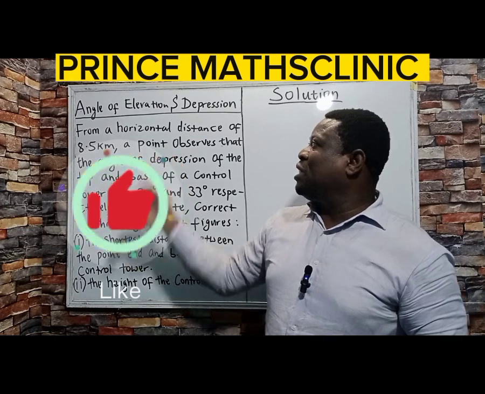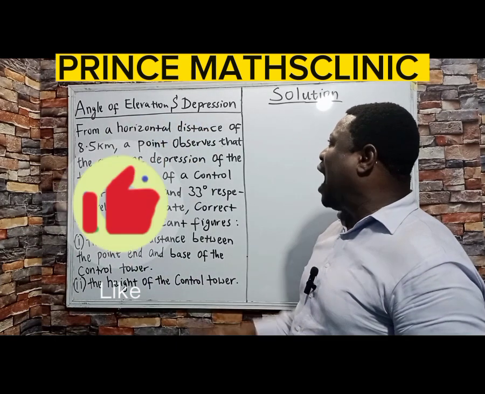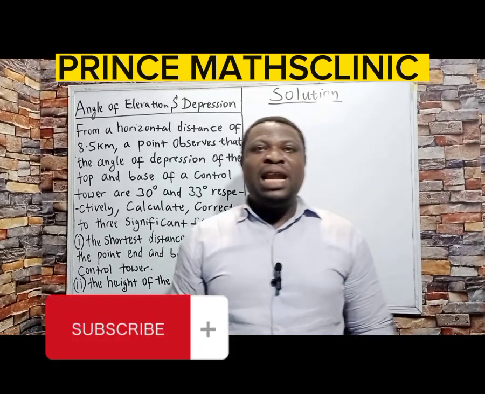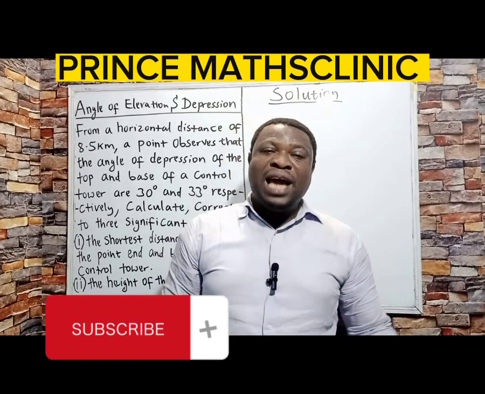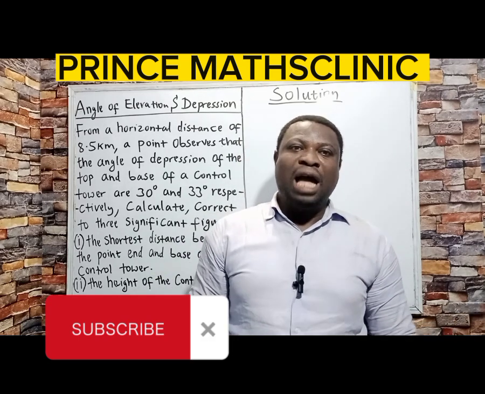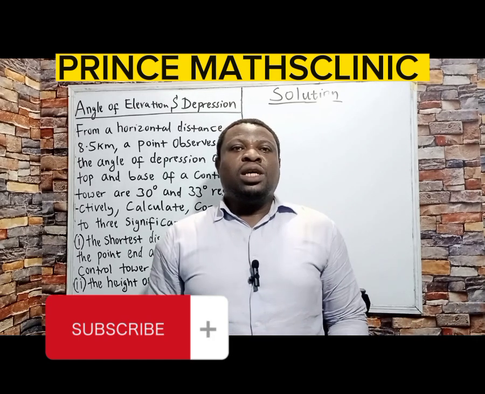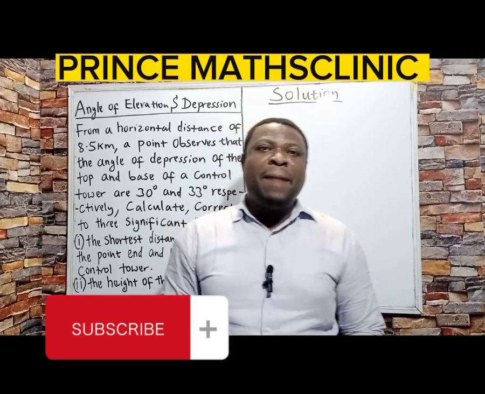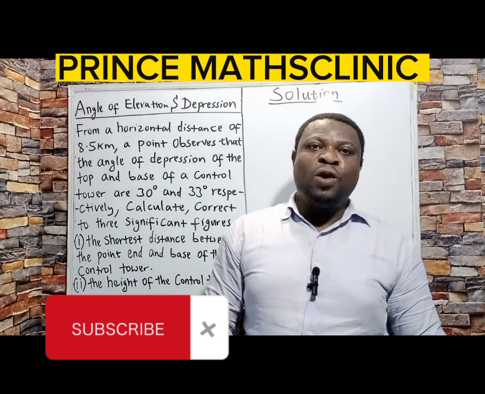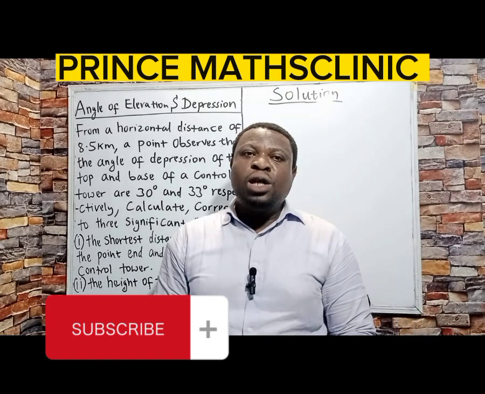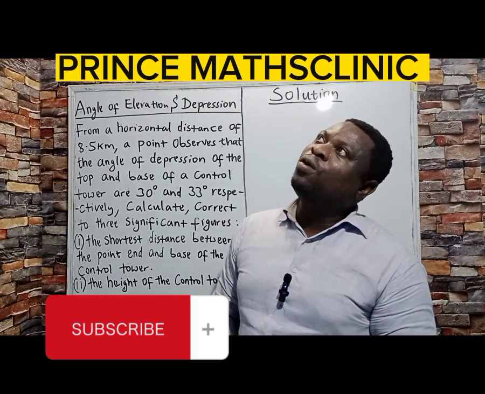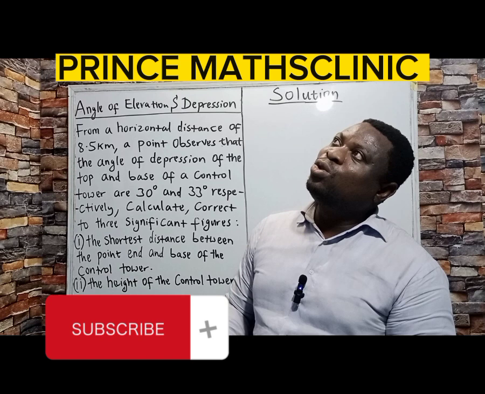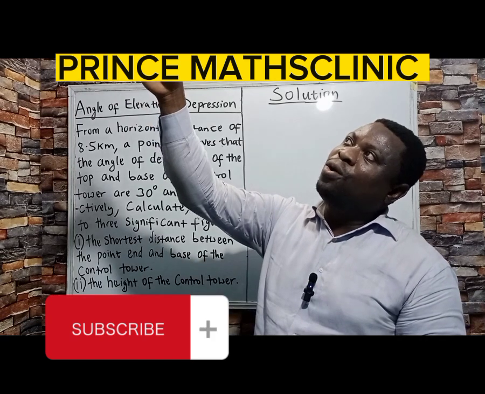Today we shall be considering angle of elevation and depression. I will give you a typical example to define elevation and depression. If you see a little boy looking at a mango fruit from the ground, I'm sure the little boy will be looking at the mango, tilting his head like this, looking towards the mango fruit.